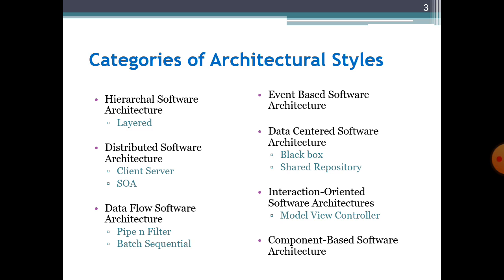And in lecture number 21, we discussed two different categories of data flow software architecture, pipe and filter and batch sequential. So students, on the most left side, hierarchical software architecture, distributed software architecture and data flow architecture have been discussed very comprehensively in our previous three lectures, and in our future lectures we will discuss the remaining architecture styles.